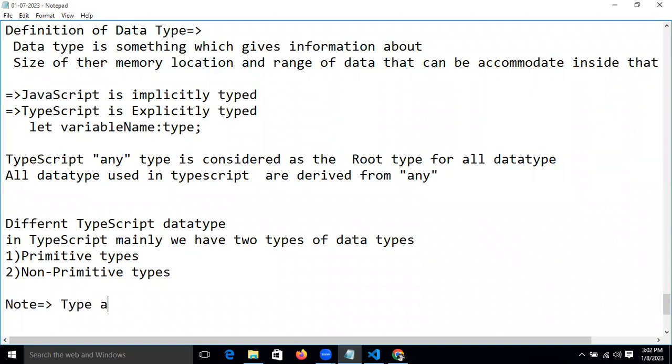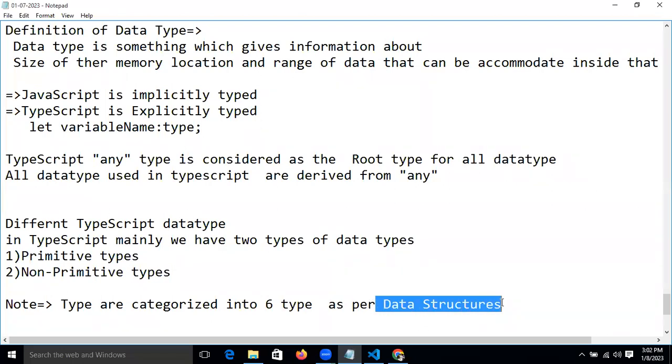Types are categorized into six types as per data structure standard.